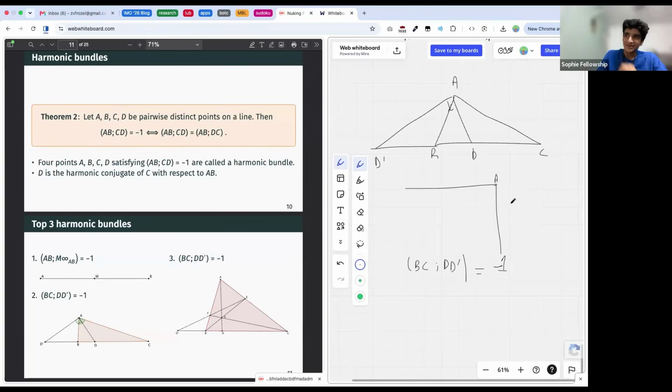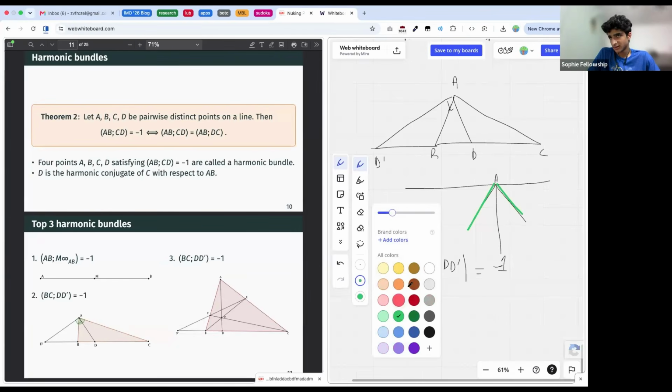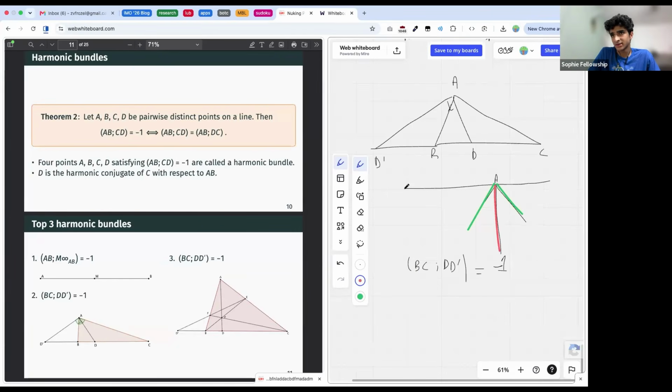So that's not happening. We're going to project this whole system from A. And what happens is that we can think of this more as a cross ratio of lines. So instead of seeing this whole picture as (B, C; D, D prime) equal to -1, we can think of it as a pair of lines, AB and AC, and you take their internal and external angle bisectors, and you want to show that these four lines form a harmonic bundle.